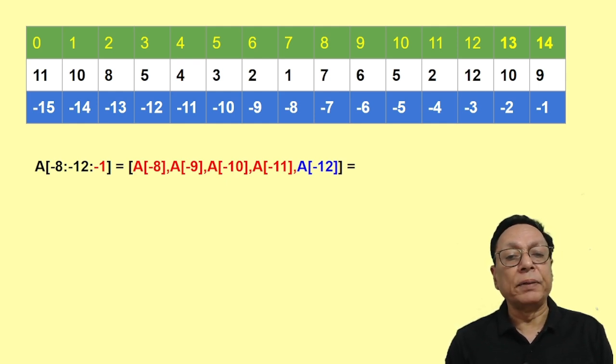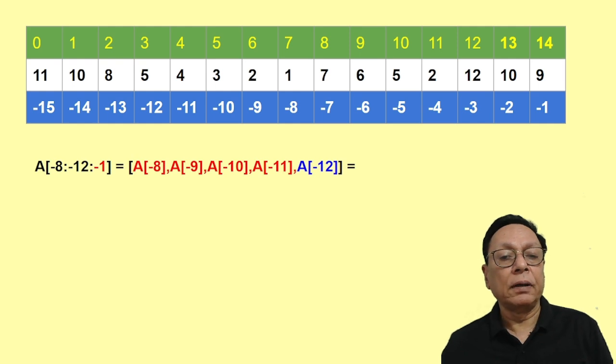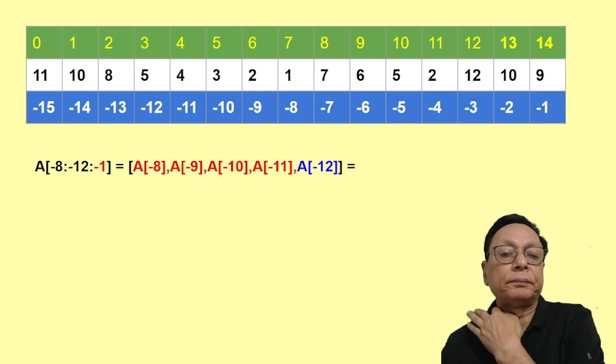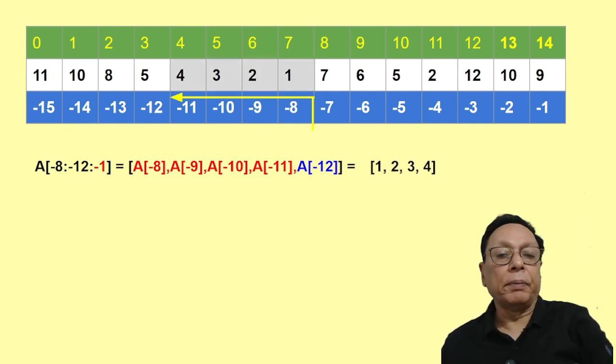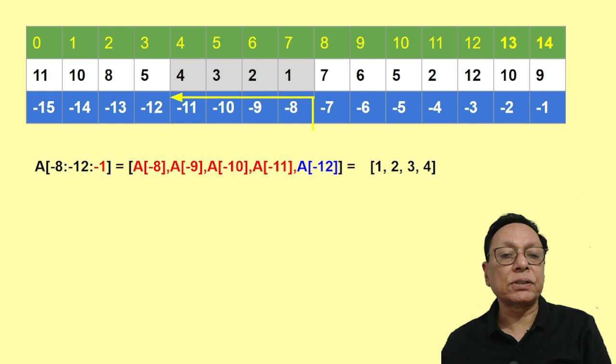So minus 12 will be excluded here. So the slice would be like this. Minus 8 to minus 11, so minus 12 is excluded. So 1, 2, 3, 4 is the slice.